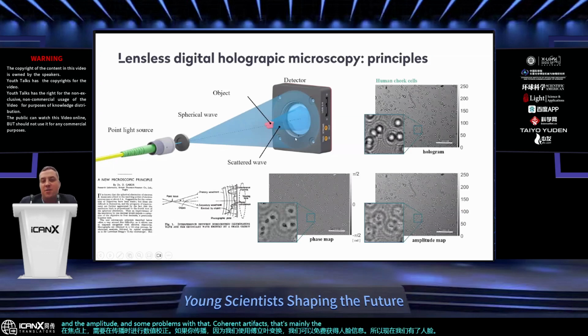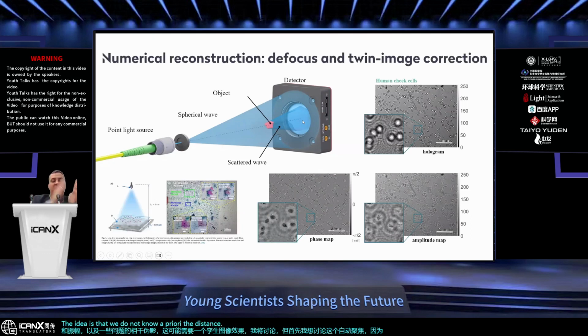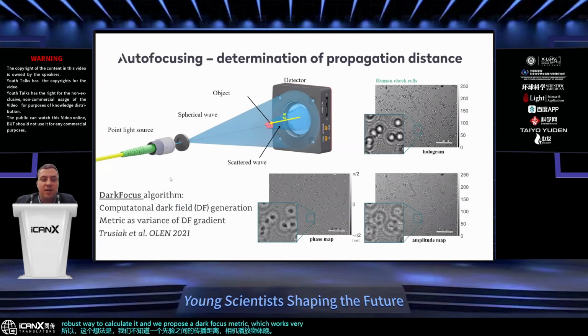But firstly, I would like to discuss autofocusing, because we do not know a priori the distance for the propagation between the camera plane and the object plane. So we need a robust way to calculate it, and we propose the dark focus metric, which works very easily. We have our input hologram.